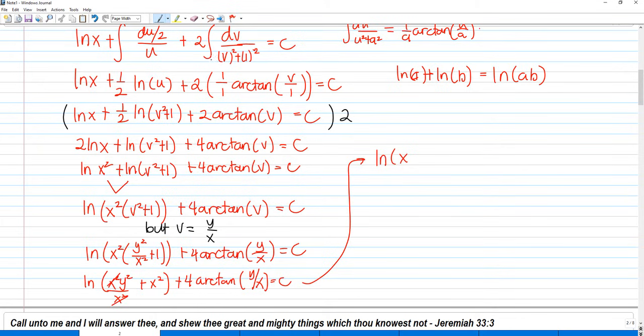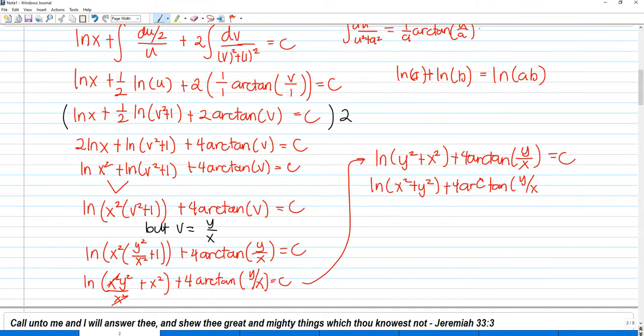We are left with y squared, plus x squared, plus 4 arctan of y over x equals c. And that is our final answer: ln of x squared plus y squared plus 4 arctan of y over x equals c. That is our answer for our problem number 1.